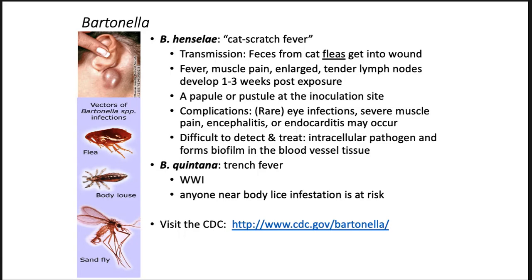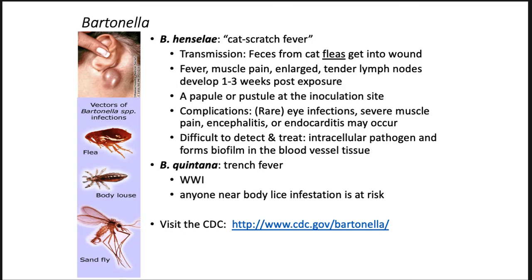So taking a sample from the patient, extracting the DNA, and then amplifying the DNA to specifically detect the pathogen's DNA. To treat it, you can do something like azithromycin, erythromycin, or doxycycline. These are the 3 antibiotics that are used to treat Bartonella infections.